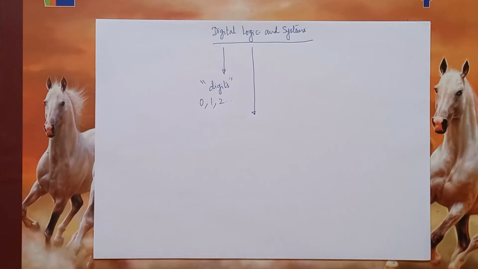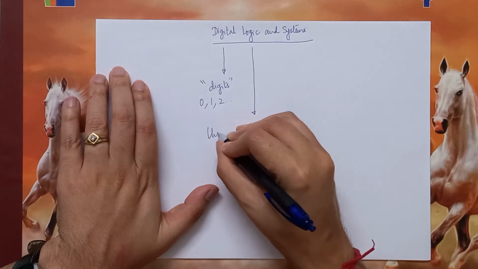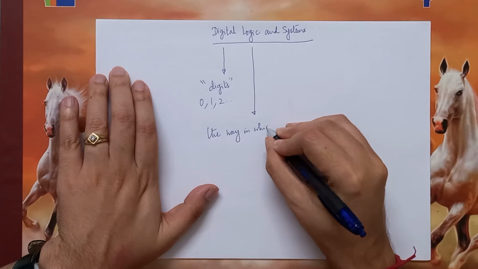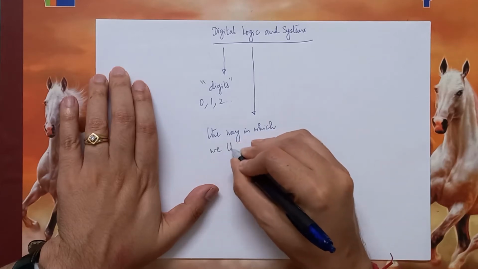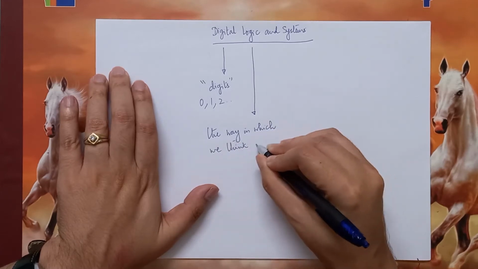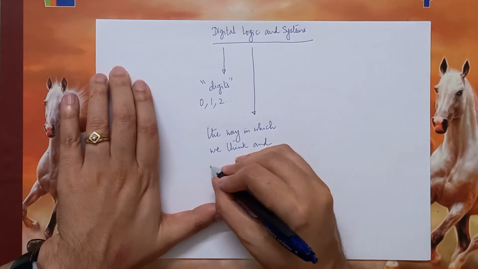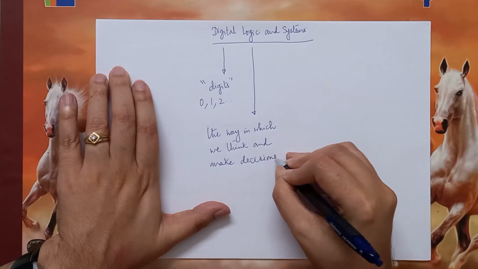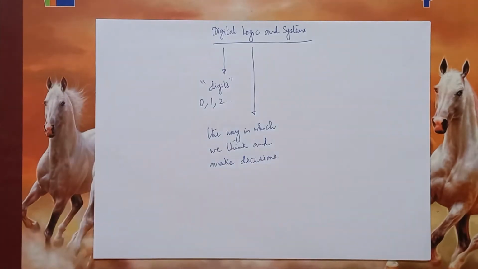That is what is called as logical. So therefore, logic essentially refers to the way with which we think and make decisions. This is what is logic, the way in which we think and make decisions.